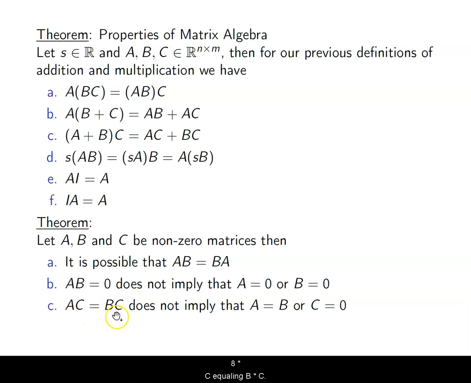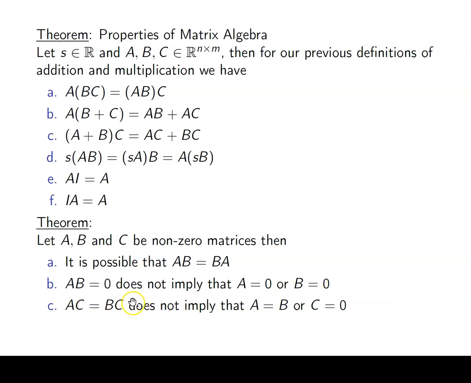A times C equaling B times C does not mean that A is the same as B, or that C is the 0 matrix, making 0 and 0, or actually, you wouldn't even get 0 and 0. Well, I guess you would. But it does not mean that A and B are the same just because these two matrices are equal.